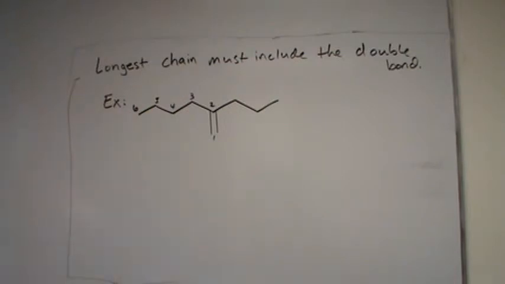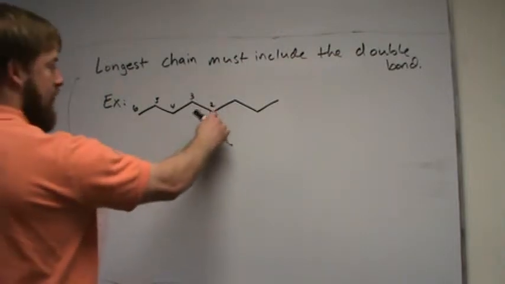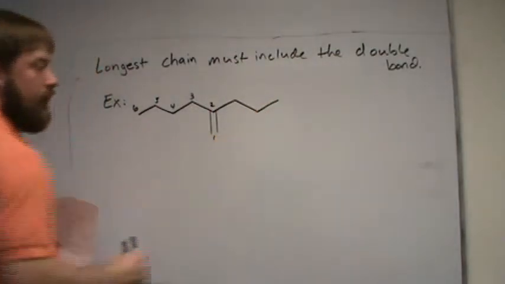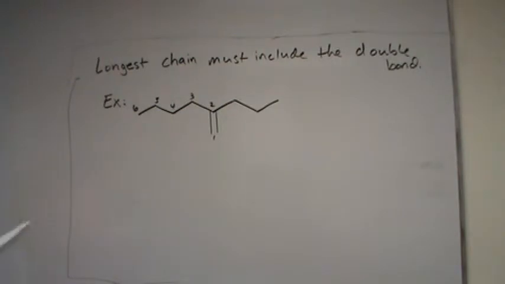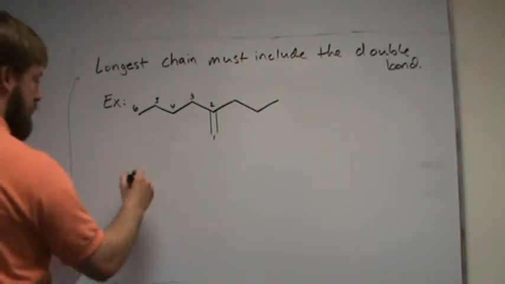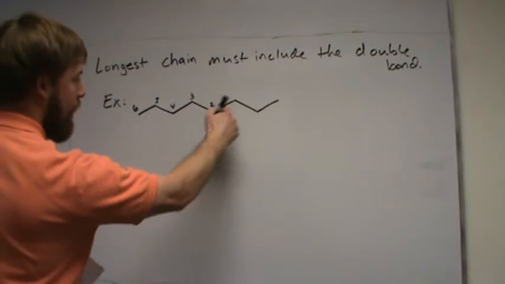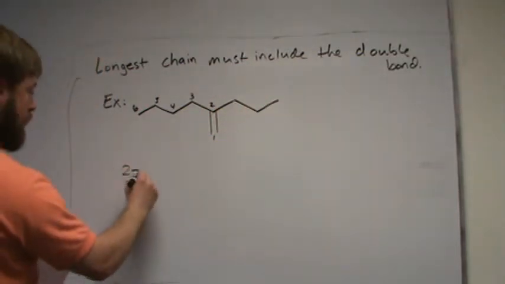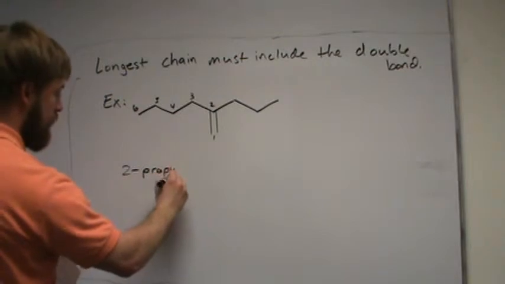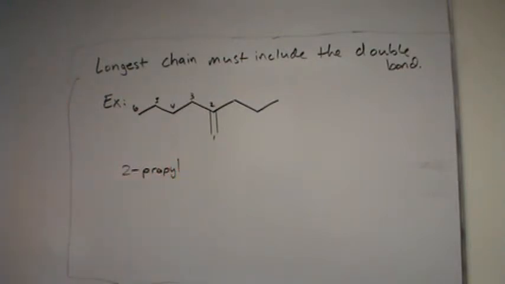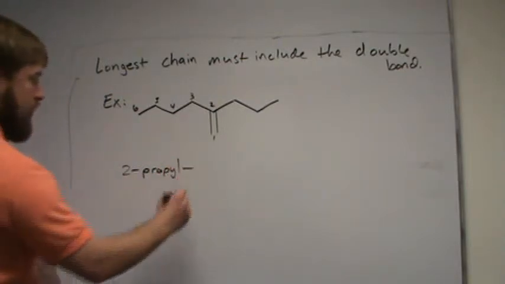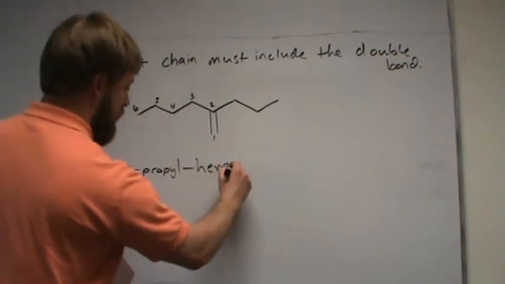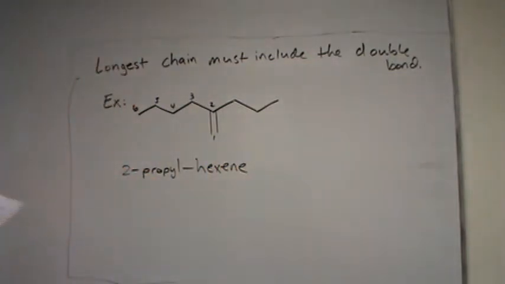Alright? So the parent chain here is hexene. And at the 2 position, we have a 1, 2, 3 propyl substituent. So it's 2-propyl hexene.